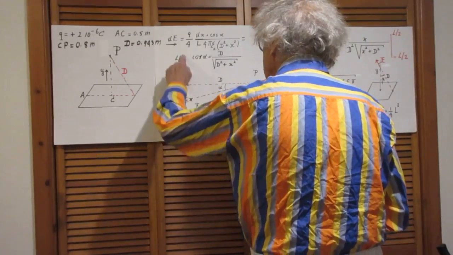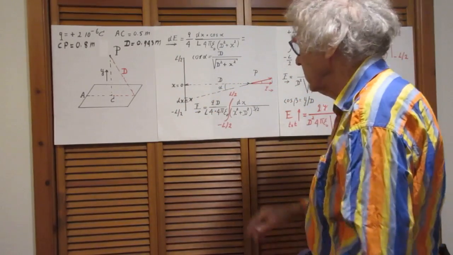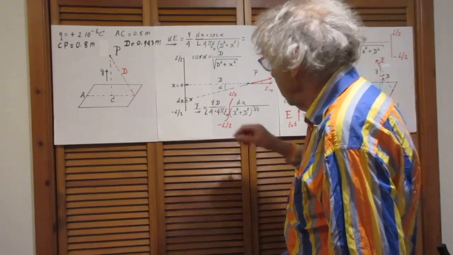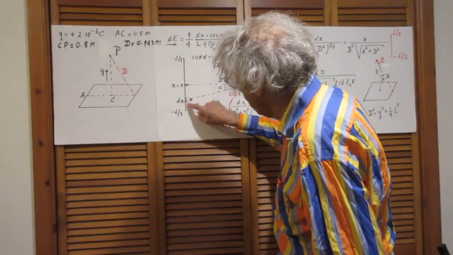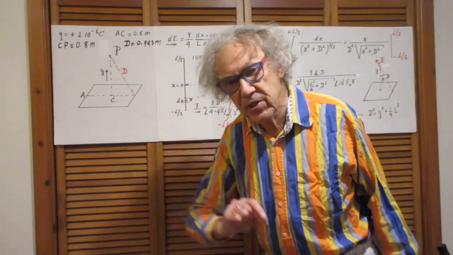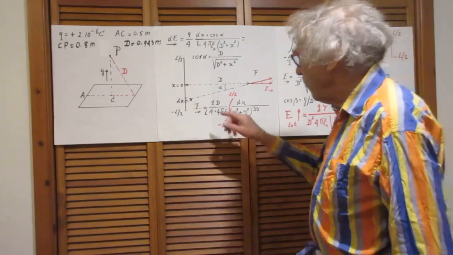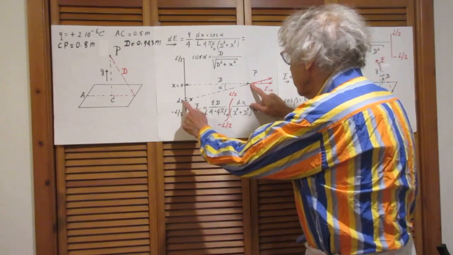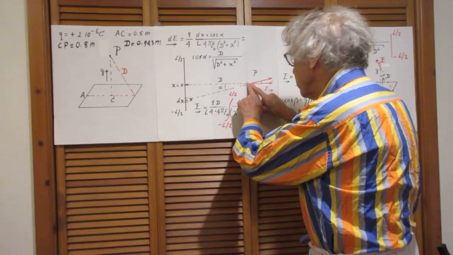Here is one wire, length capital L, which is 1 meter. The middle of that I call x equals 0. And I slice out at location x an extremely small section dx. And I'm going to calculate at point P, which is in this direction.